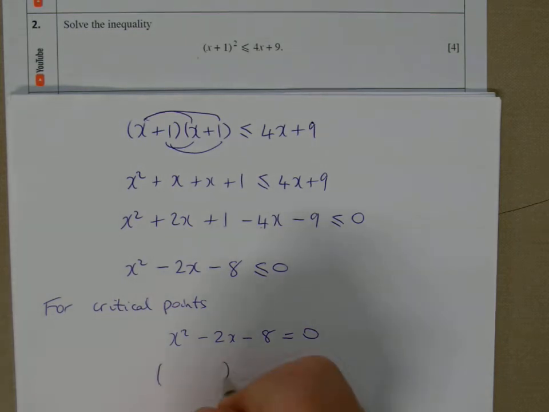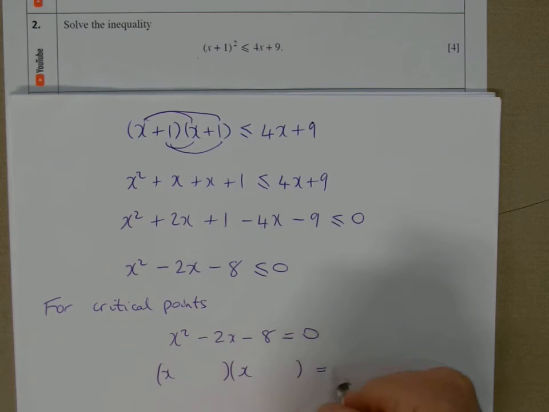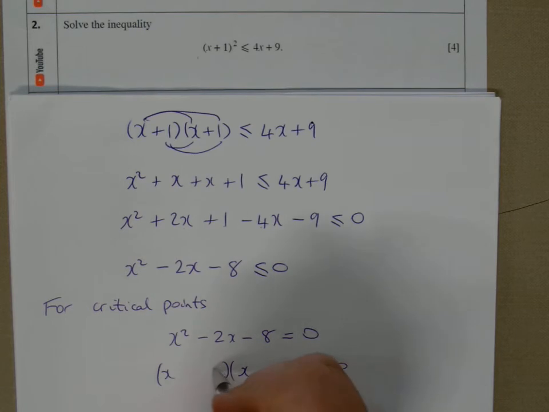So we can factorize this, with a double bracket, of course, with x in both. We've got to think now of a pair of numbers that multiply to give minus 8 and add up to give minus 2. So the two numbers are 4 and 2. If I make that a minus 4 and a plus 2, that will multiply to give minus 8, and of course plus 2 and minus 4 will add up to give minus 2. So you've got this here.